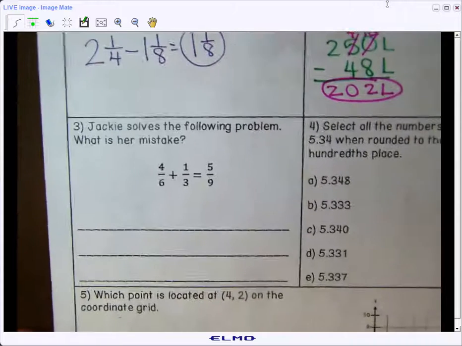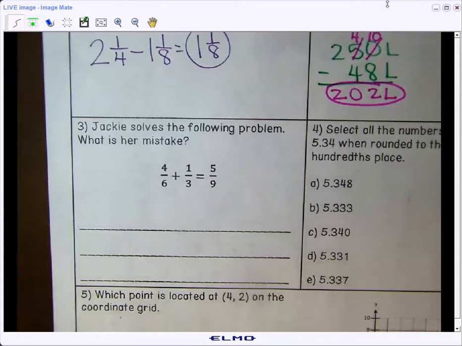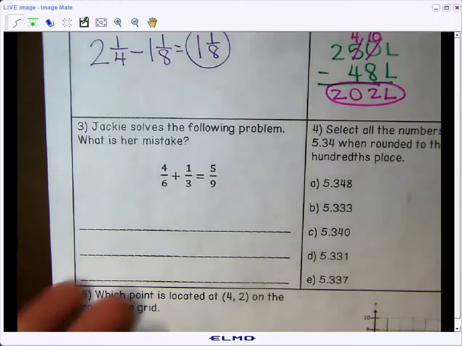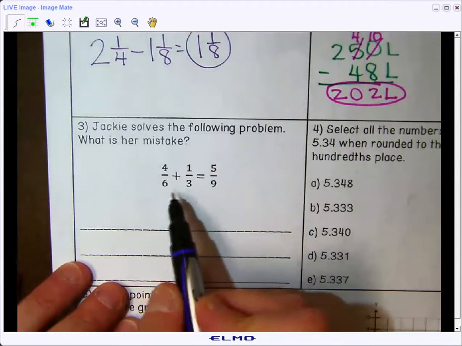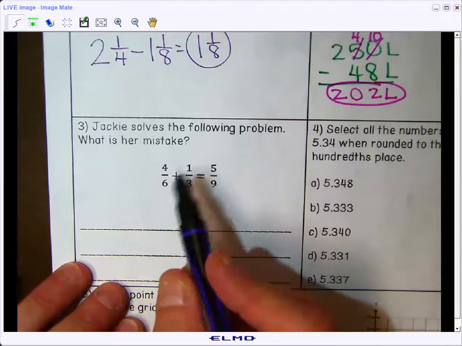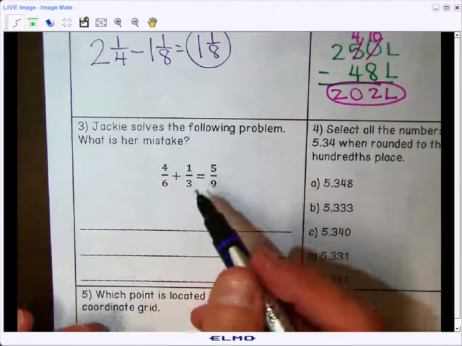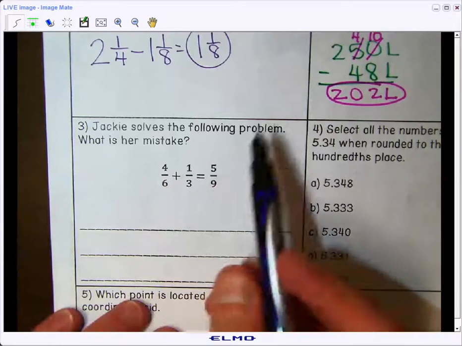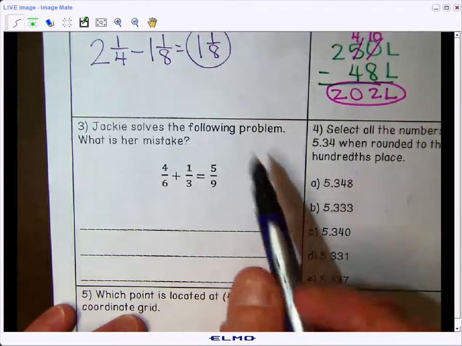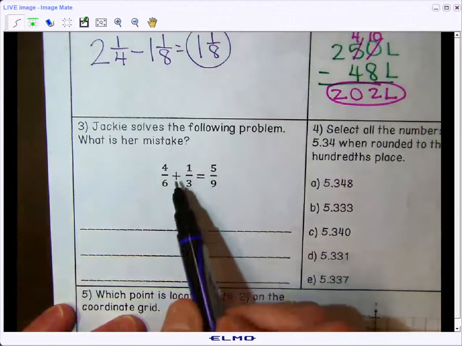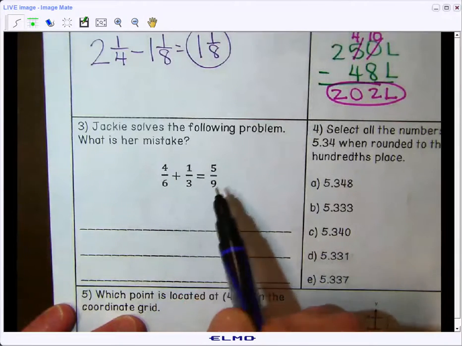Jackie solves the following problem. What is her mistake? So we are using an error analysis to determine. So we notice that we have different denominators. So we have to make sure that we have a common denominator before we can add. Or we could use the butterfly method and it would still come up with a common denominator. So let's notice what she has. She has 4/6 plus 1/3 equals 5/9.